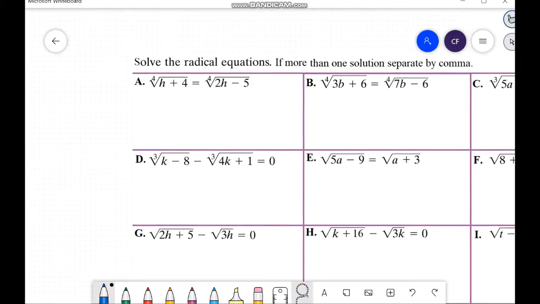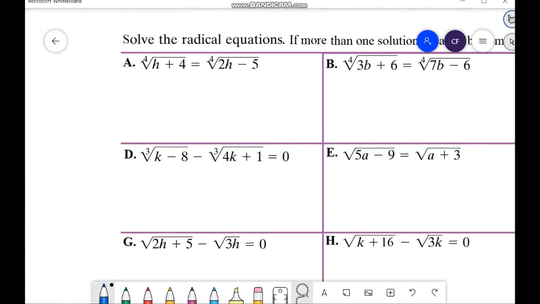For letter A, how do we solve it? We're going to follow the procedure, step by step. On letter A, we have the 4th root of h plus 4 equals the 4th root of 2h minus 5, right? The radicals are already isolated, so we can skip step number 1.